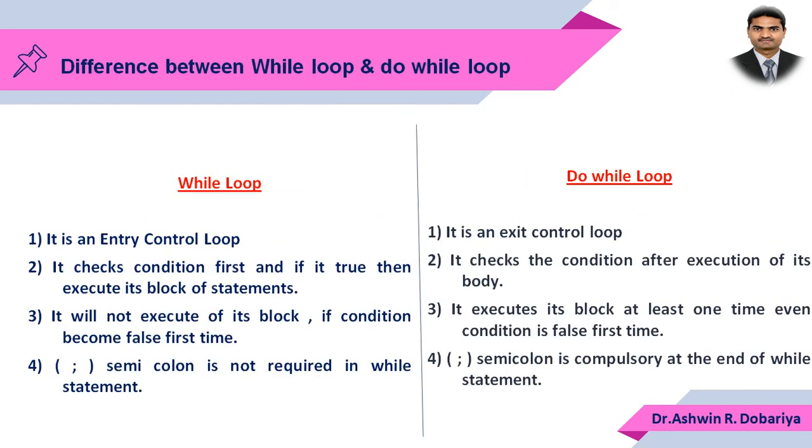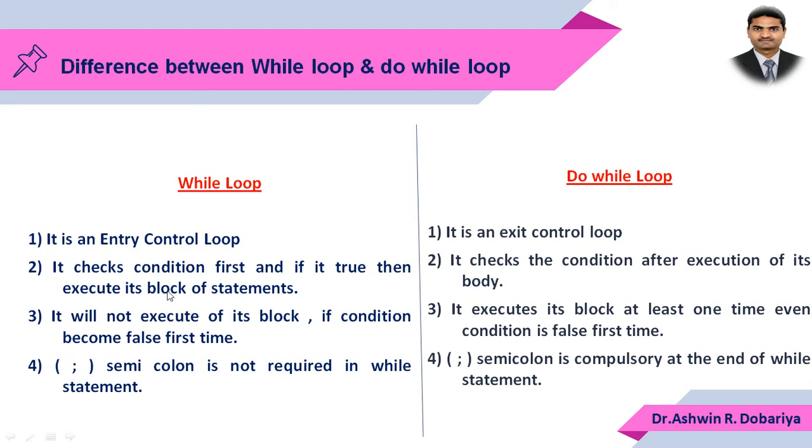And now the last topic of this video is the comparison between while and do while. The first difference is that while is known as an entry control loop, and do while is known as an exit control loop. Why is while entry control? Because while checks the condition first, and only if the condition is true does it execute its block. But do while is an exit control loop because it checks the condition after the execution of its body.